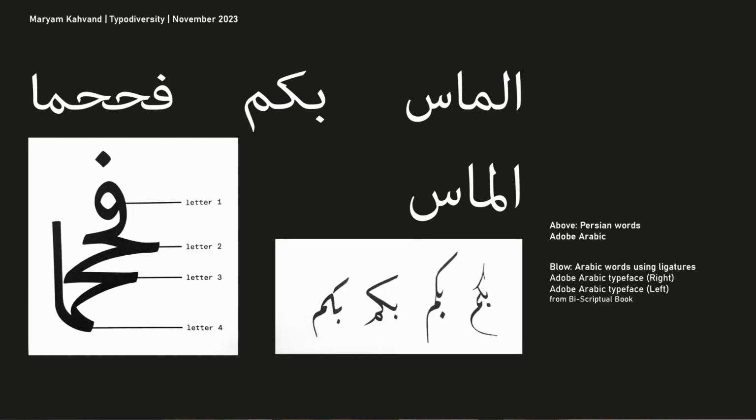Furthermore, there are other differences between writing styles such as ligatures, which are used in Arabic a lot, but not necessarily in Persian.